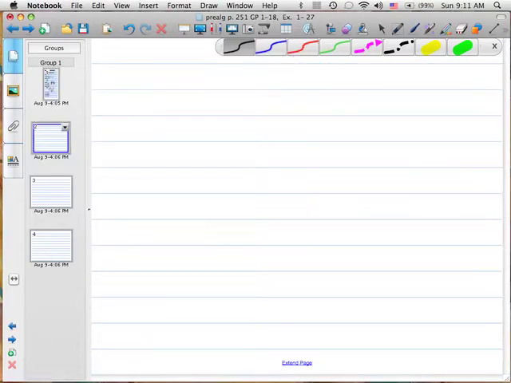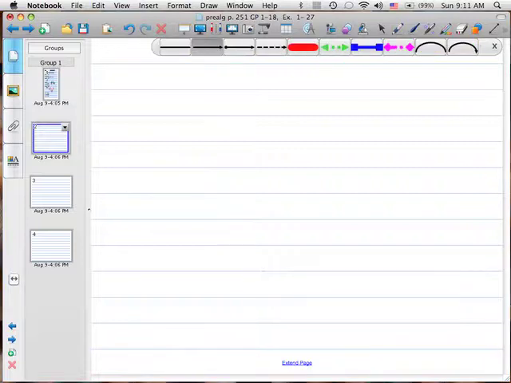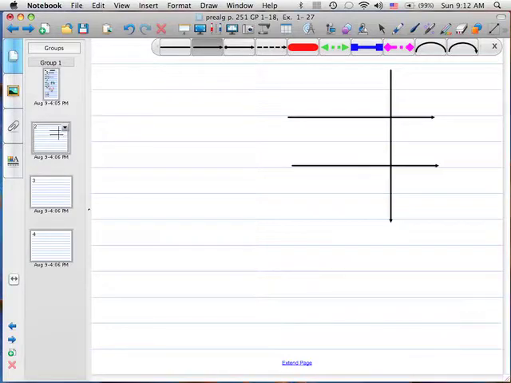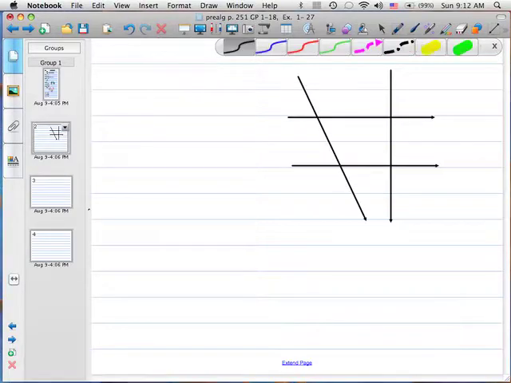Use the figure at the right and tell whether each statement is true or false. Then you don't have to draw this figure. I'm going to do it just so we have something to reference. These are all lines.